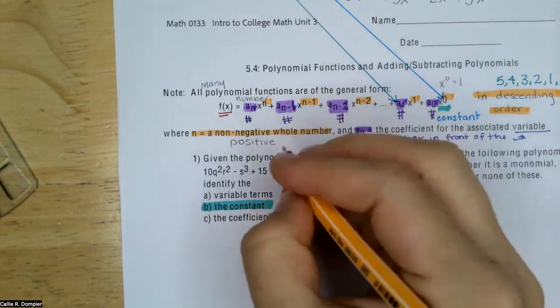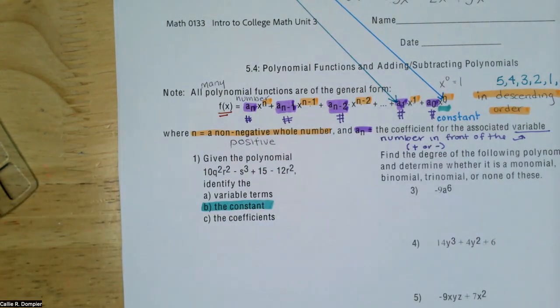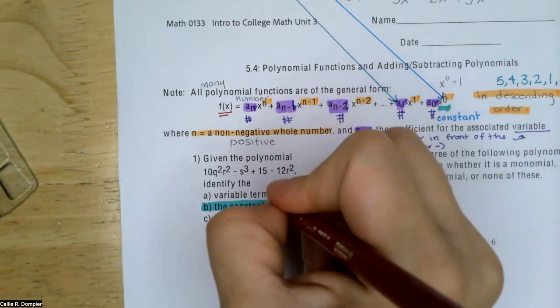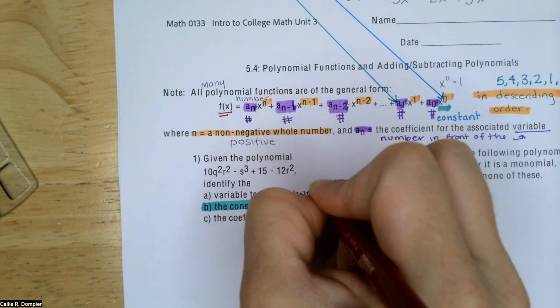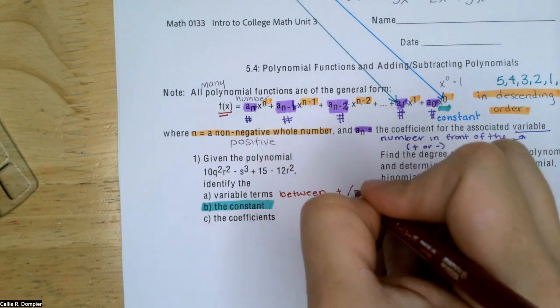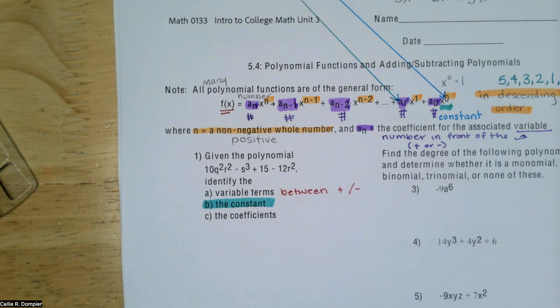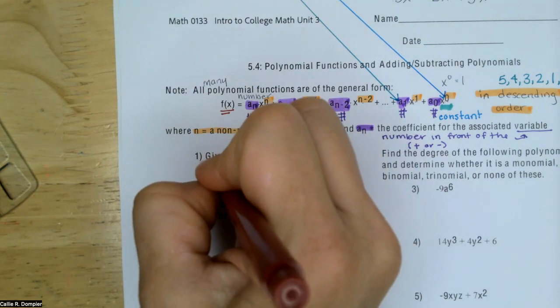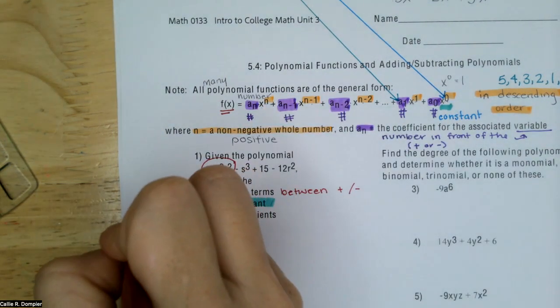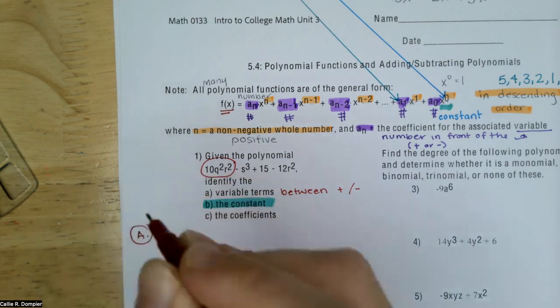The variable terms are between the plus and the minus sign. Okay, so each term being added or subtracted to each other is a variable term. Good. So this is our first term. Again, I'm answering letter A.